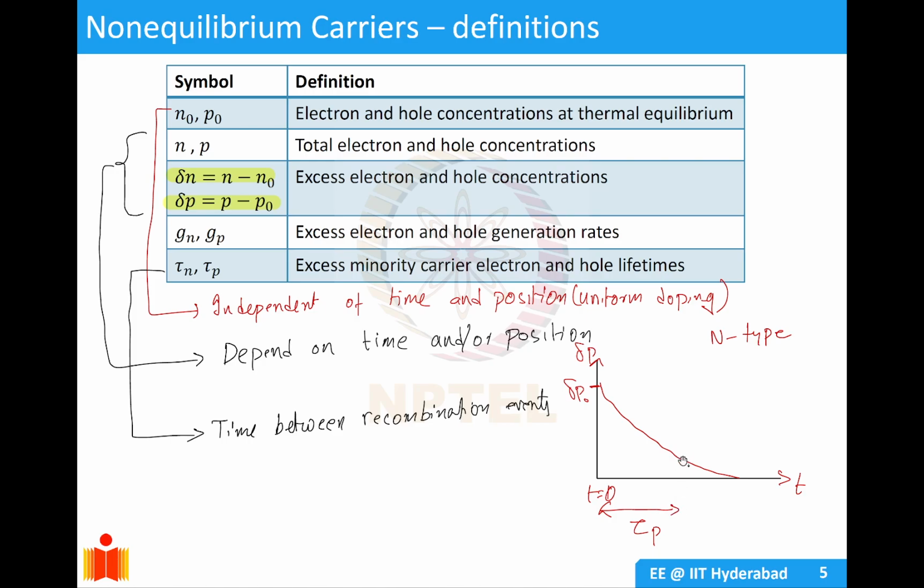At a certain point tau p, it will reach 1 by e of the initial value. That is called your lifetime.